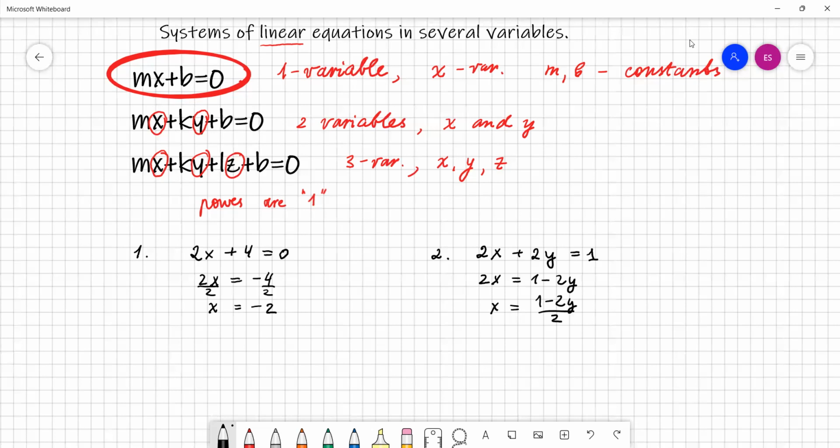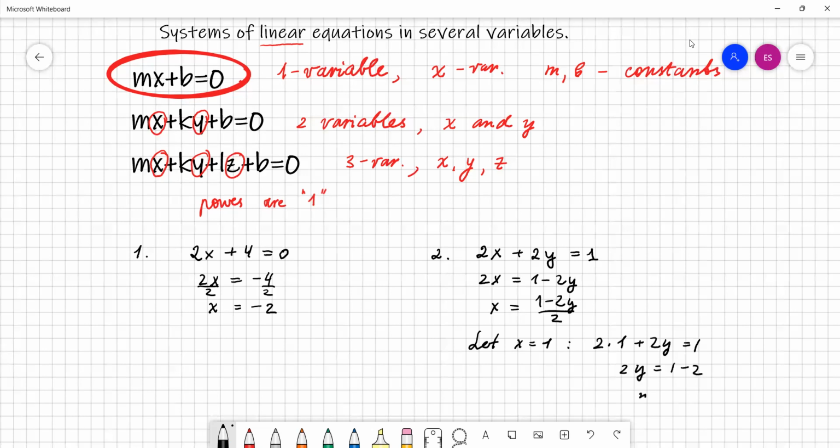For example, if I set x equals 1 over here, then I can find out what y, which satisfies it, is going to be. Well, let's do it. Let x be equal to 1. Then the equation is going to look like 2 times 1 plus 2y equals 1. And that's 2y equals 1 minus 2.